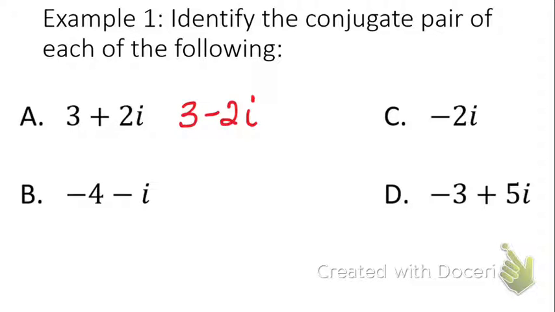What about the pair for negative 4 minus i? Negative 4 plus i. Now for C, there's an invisible 0 right here. So if you have 0 minus 2i, you also have 0 plus 2i. But if it's a 0, we normally just drop that. So we'll have plus 2i, or positive 2i.